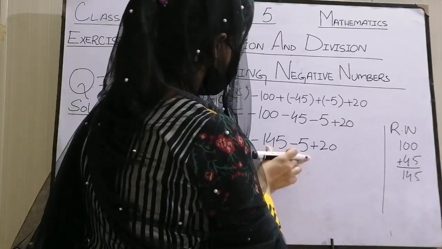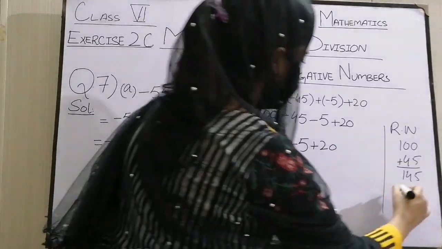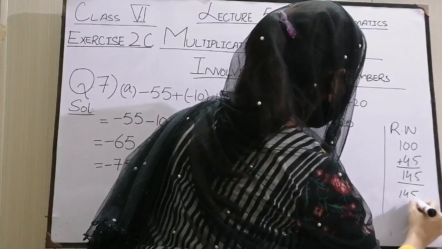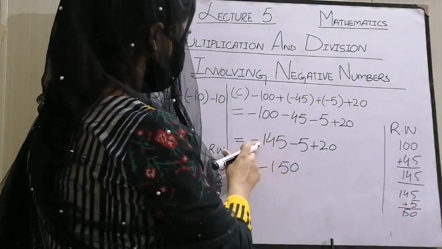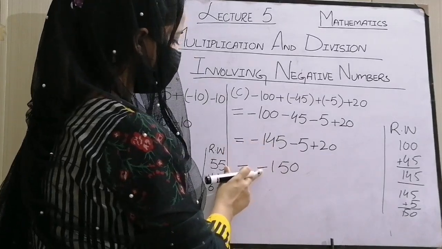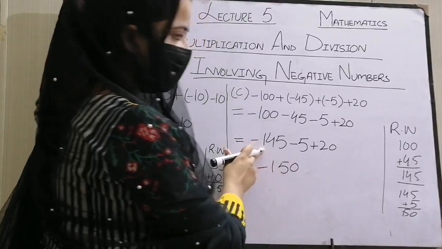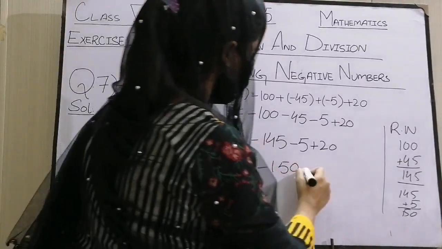So we have to add them. It becomes minus 150. Add them up in rough work. 145 plus 5, it is 150. 145 is the bigger number, it has negative sign, so answer would be a negative answer.